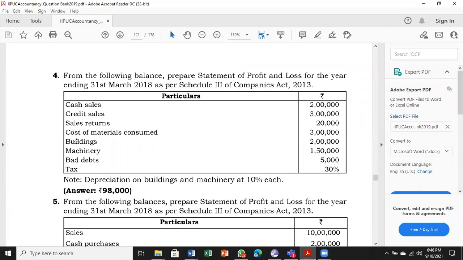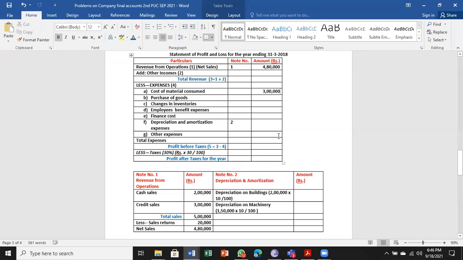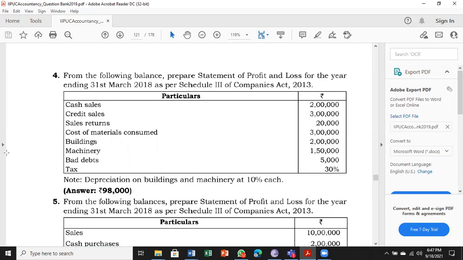Next, buildings won't be considered, machinery won't be considered. Bad debts, 5,000, I'm entering under the heading other expenses. Only one amount is there. For your reference, I'll put it as bad debts, 5,000. Next, tax, we'll take it later.